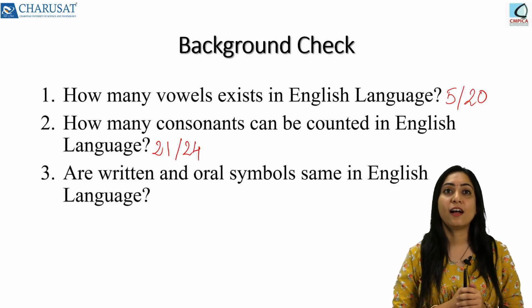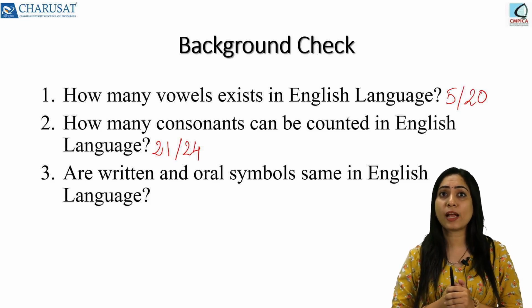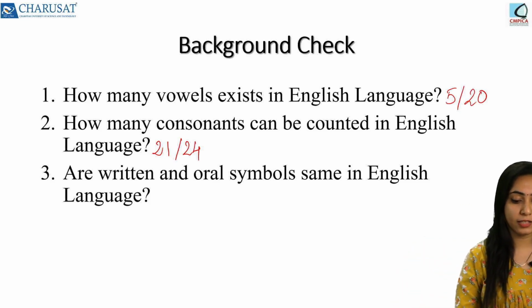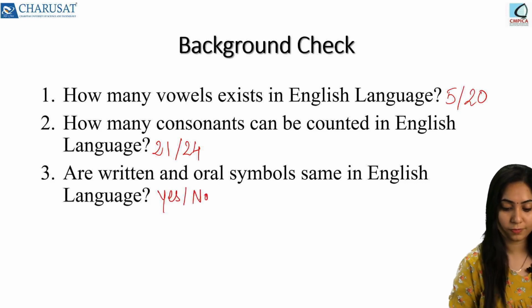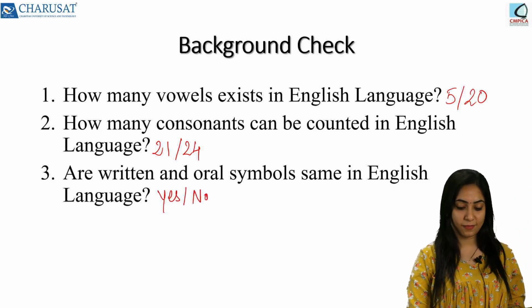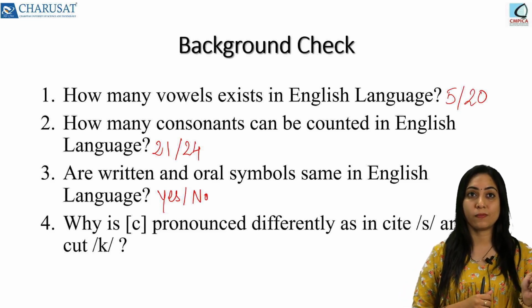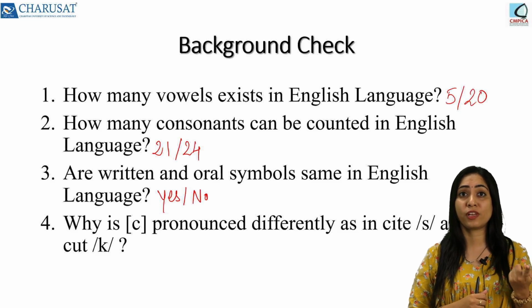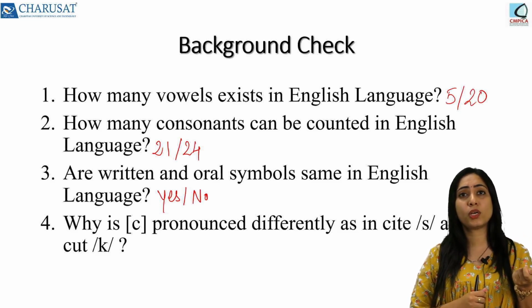Then, are written and oral symbols the same in the English language? The answer would be between yes or no. Right? And at the end, why is C? Now, this is a question of realization, right? Have you ever realized that C is pronounced differently?